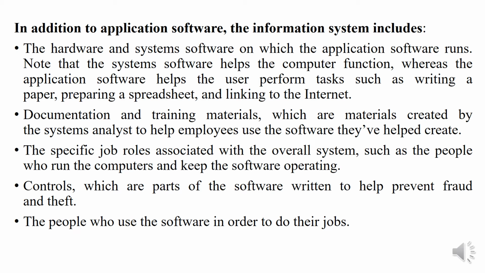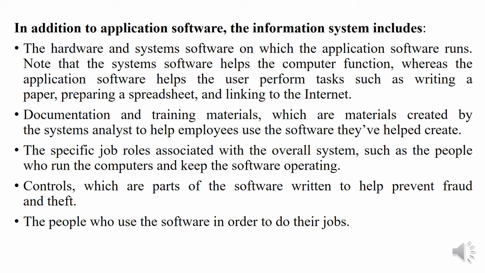The documentation and training materials are also helpful for the information system. They are created by system analysts to help employees understand how the software works and how it performs, and troubleshooting documents are also prepared by them and handed over to the employees.